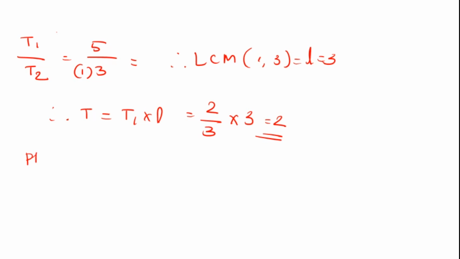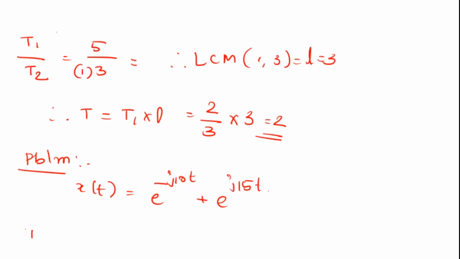Next problem, x of t is equal to e power minus j 10t plus e power j 15t. Then T1 is equal to 2 pi divided by 10, which is equal to pi by 5. T2 is equal to 2 pi divided by 15.